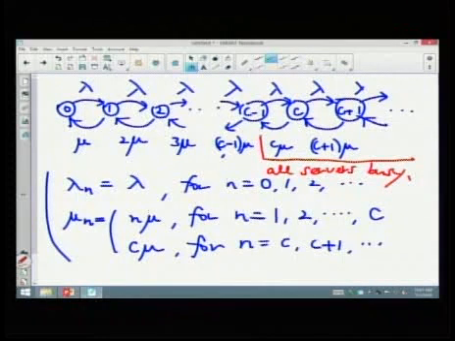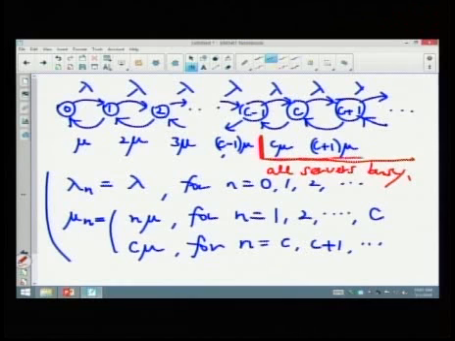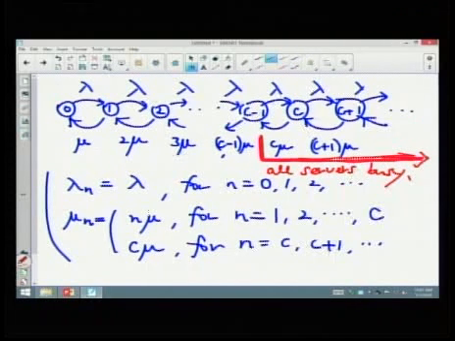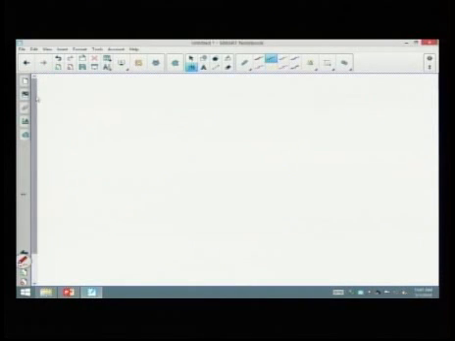Only this portion of the queuing system, all of the servers are busy, all the way. Okay, now let's consider the M/M/2 model instead of M/M/C. So let's use M/M/2. What happened? So you have a transition diagram, rate diagram, like this.